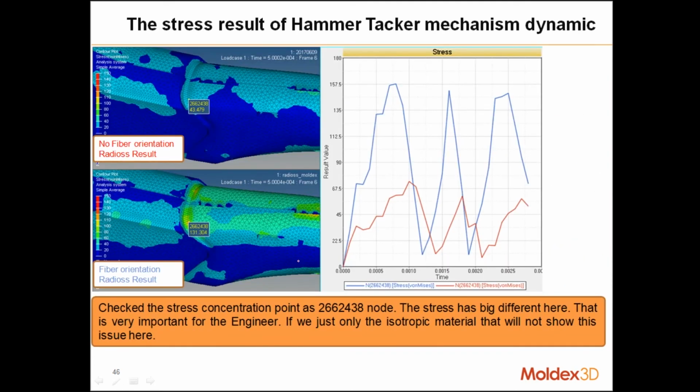And if we take a deeper look at the value, as we can see in the area here, we choose the point, node number 2662438, and we take a deeper look at how the stress distribution behaves during the dynamic simulation. We can find an amazing fact: when we consider fiber orientation, the stress response could be quite high in comparison with the one where we don't consider fiber orientation.